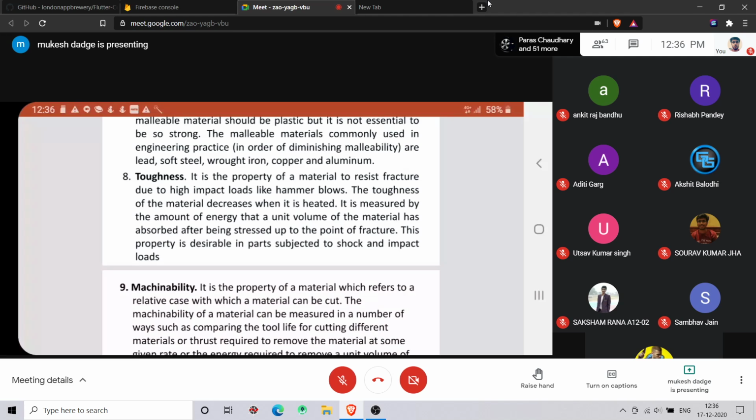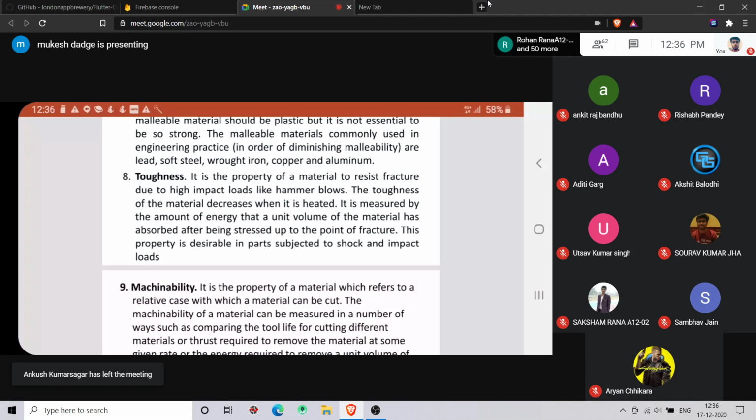It is measured by the amount of energy that a unit volume of a material absorbs after being stressed up to the point of fracture. Right? So it can be defined by two properties: resistance against the impact load, and the amount of energy absorbed by the material after applying the external load.